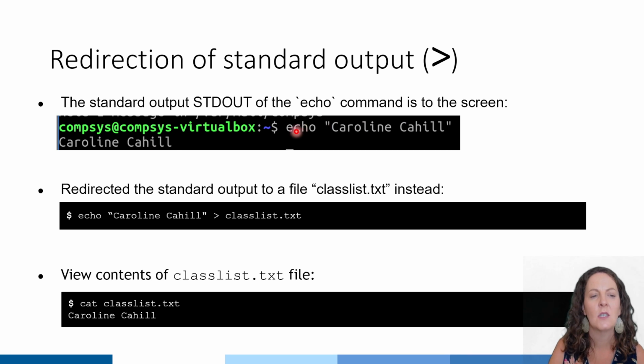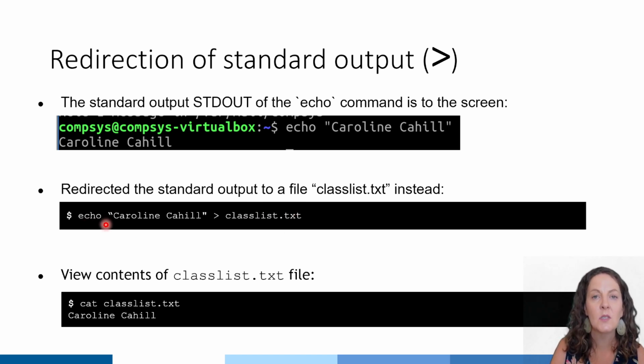I decide, well, actually, do you know what? If this is a command or a piece of code, or maybe it's the next in a list of a database that I'm creating, I can get it to redirect. Instead of just printing it on screen, I'm going to redirect the output into a file called class list, right? So try it out.